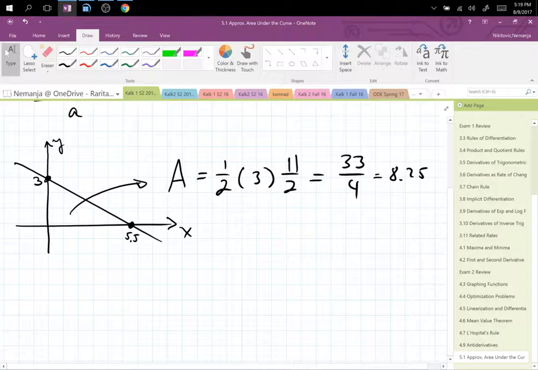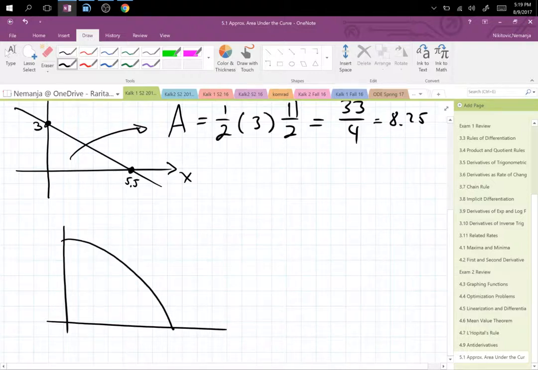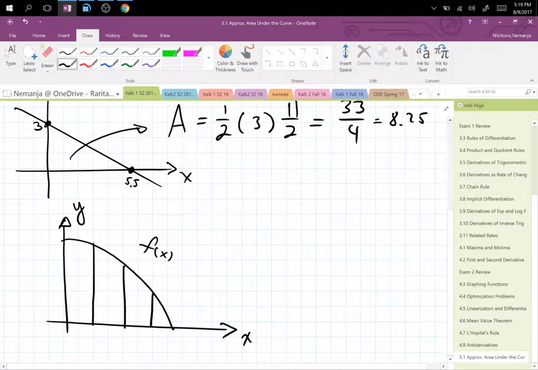But what happens for curved functions? What do you do when you have a function that looks like this? It's some f of x, and you want to compute the area under the curve. So what we are going to do here is approximate the area by cutting it into these rectangles.